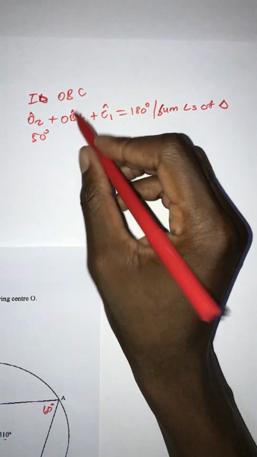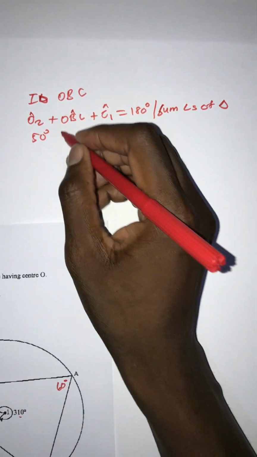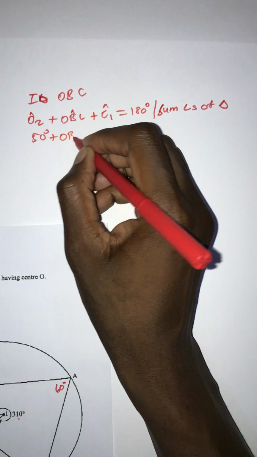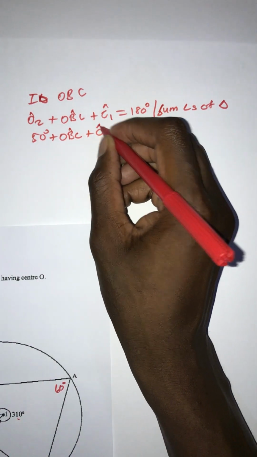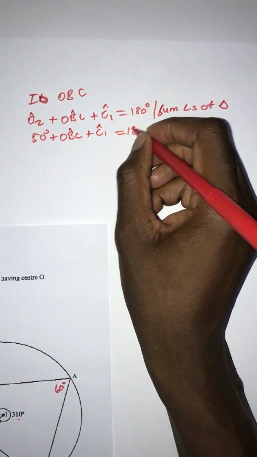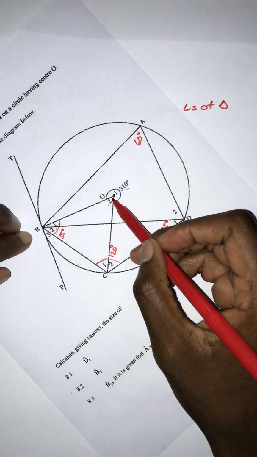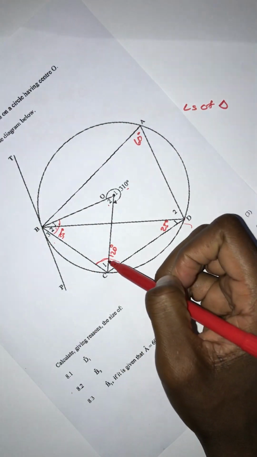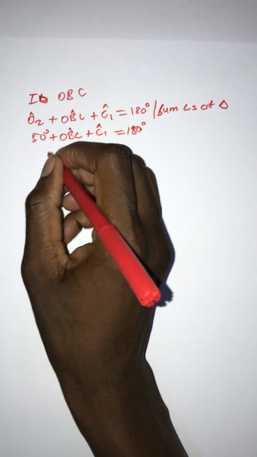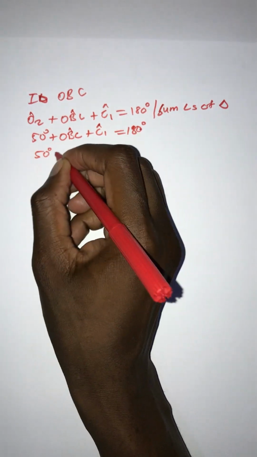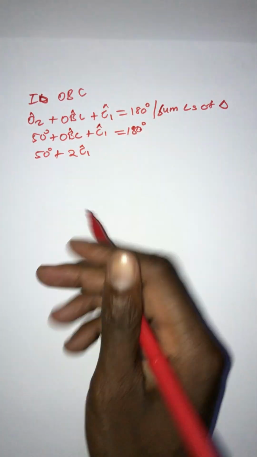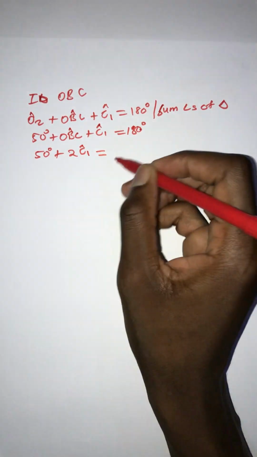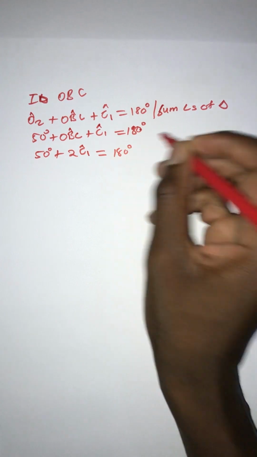Now what is angle OBC? That is what we are looking for. So it's just angle OBC plus angle C1 plus 50 is equal to 180 degrees. But we know that this angle is equal to this angle. So let's call all these angles C1. So 50 plus 2C1 is equal to 180 degrees.